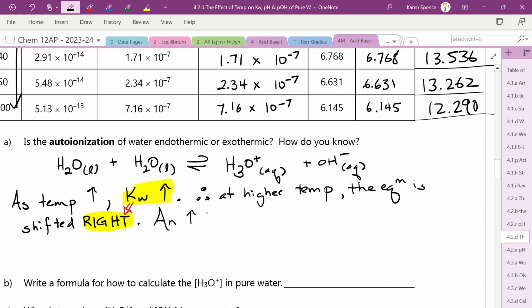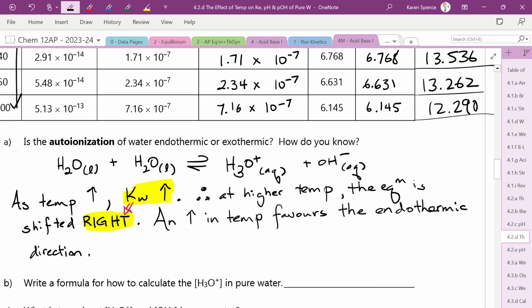An increase in temperature favors, does it favor the endothermic reaction or the exothermic reaction? Endothermic, because you've increased the amount of heat, so the system wants to shift to absorb the extra heat. So an increase in temperature favors the endothermic direction.